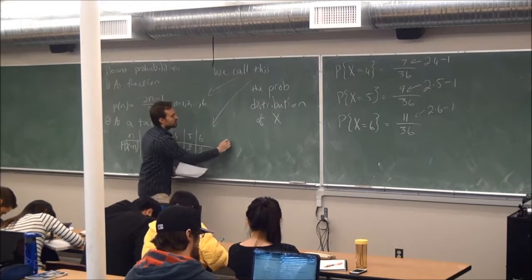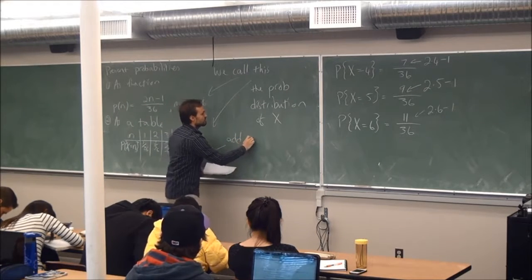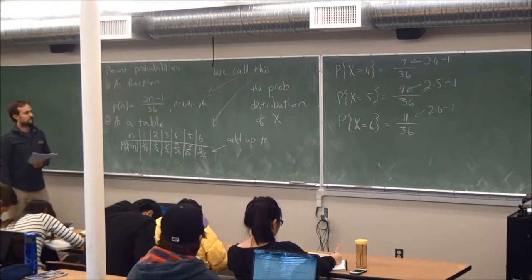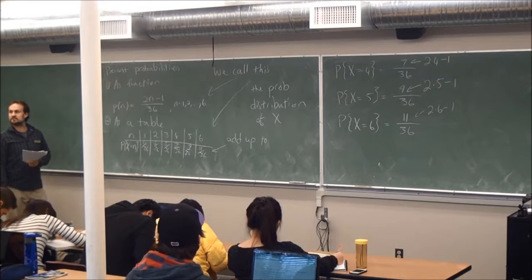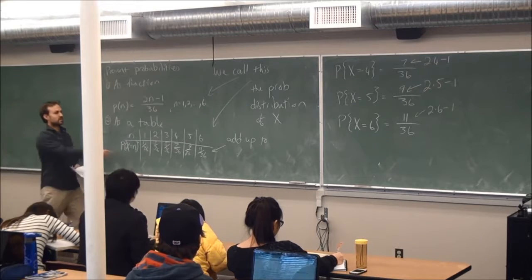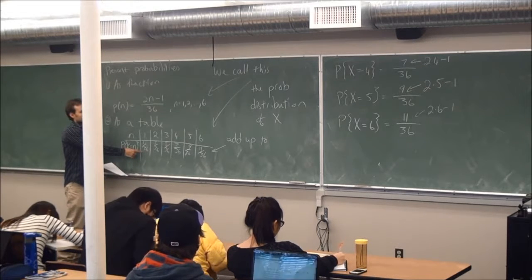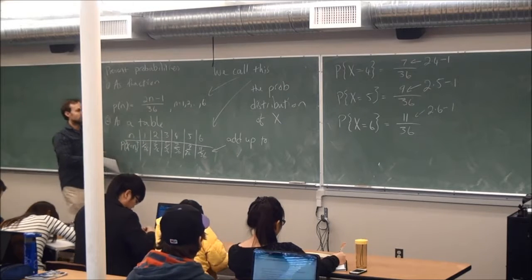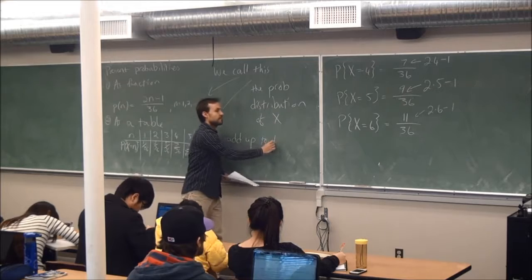Let's note here, what do these probabilities add up to? They're fractions. What do these fractions add up to? 1. Does that make sense that they add up to 1?